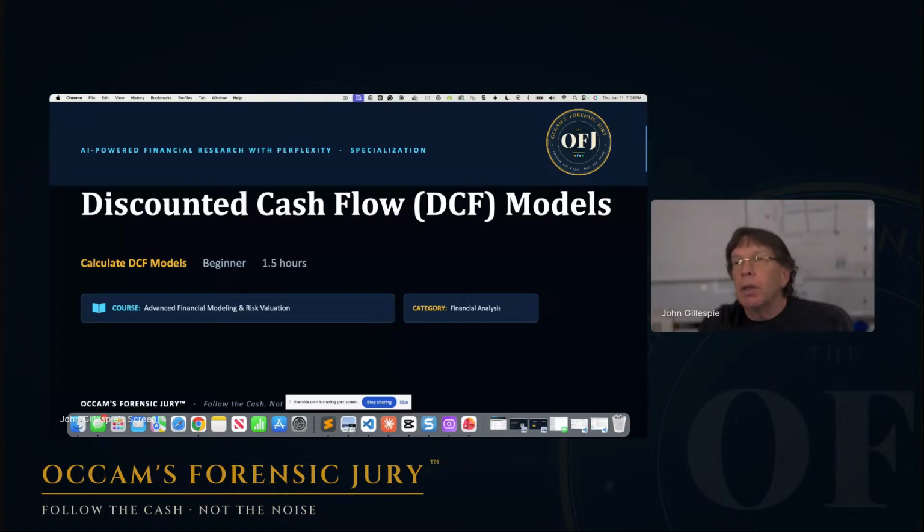Basically, we're going to go through the mechanics of creating a discounted cash flow model. The idea here is that yes, we can do them very easily with LLMs, whether it's Perplexity, Claude, or ChatGPT, but they can be just as wrong as the ones that you read on your favorite brokerage account.